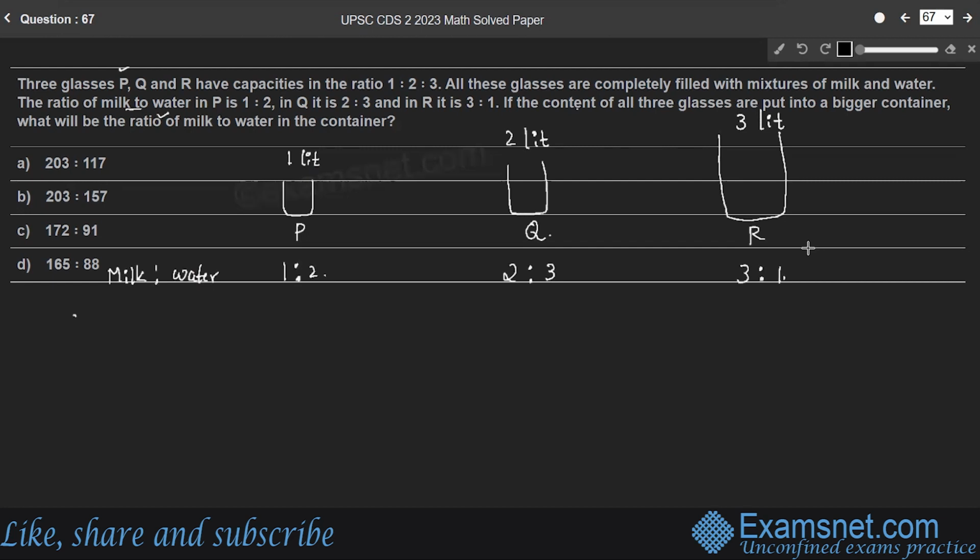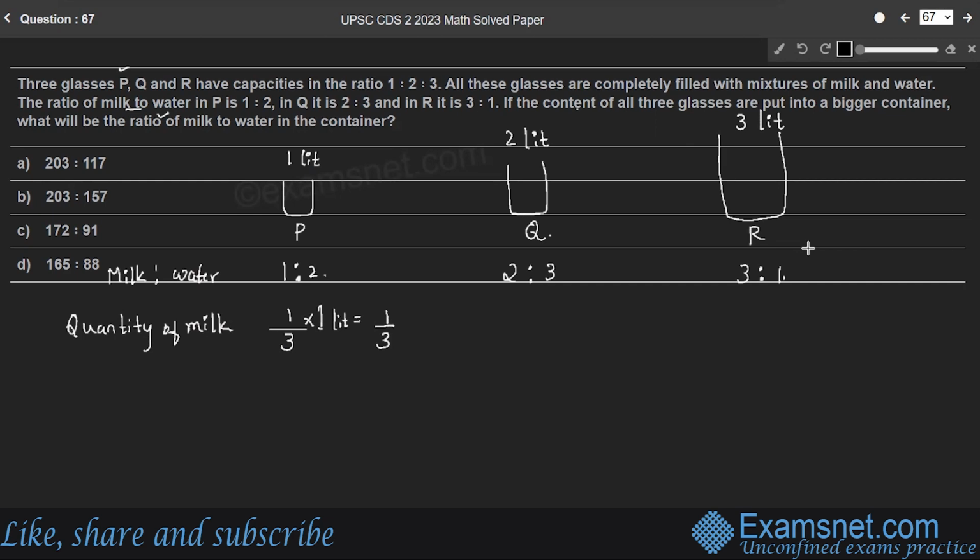Now, the quantity of milk in each container. In the first container, out of three, one is the quantity of milk. Therefore, out of 1 liter, 1 by 3 is the quantity of milk.